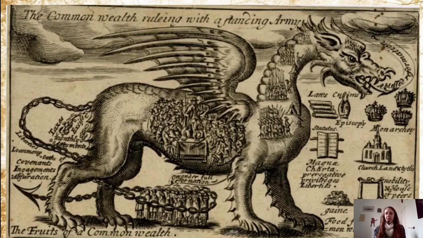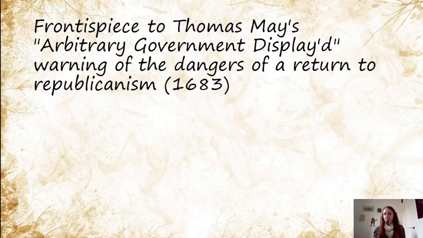What you've just seen in the current slide is the Commonwealth ruling with a standing army, as it's called. It is the frontispiece to a document entitled Arbitrary Government Displayed, warning of the dangers of a return to republicanism.